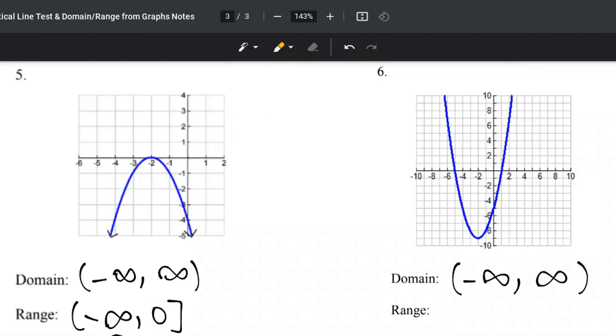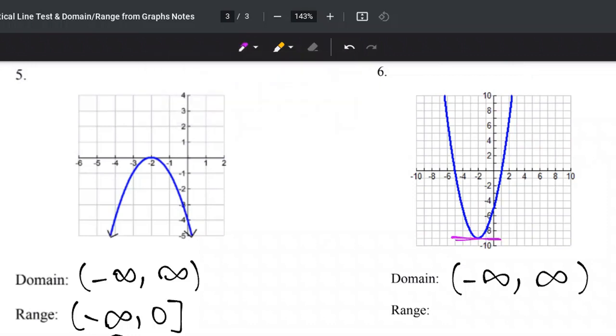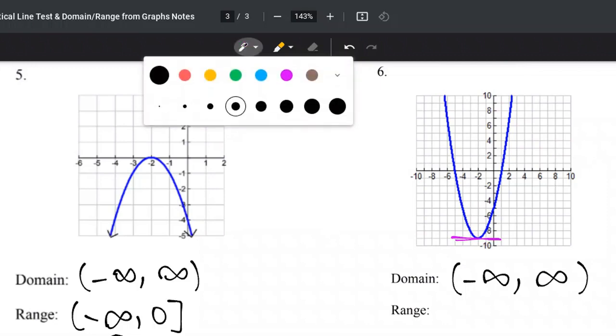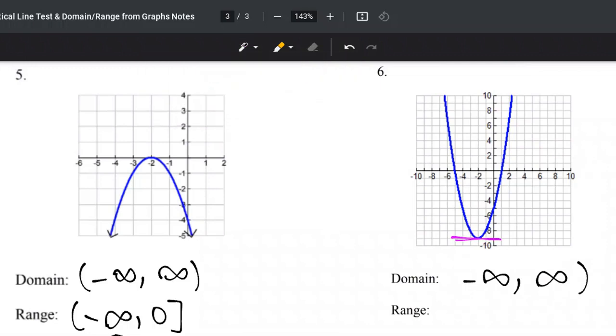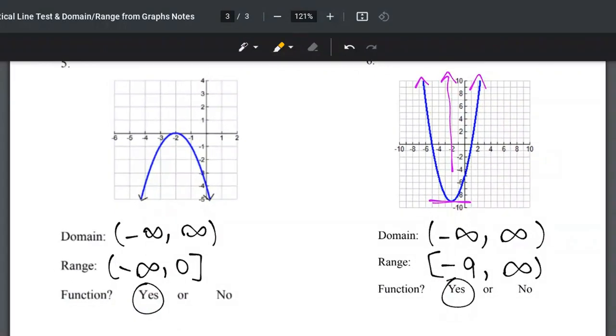For our range, how far down does it go? Well, right here, it starts at -9 on the y-axis. Don't forget to put a bracket by that. How far up does the graph go? It goes forever up to positive infinity. This does pass the vertical line test.